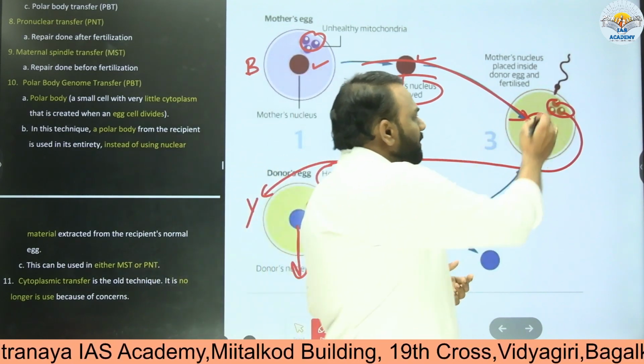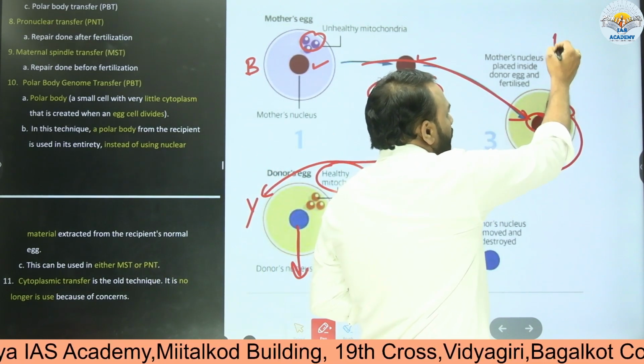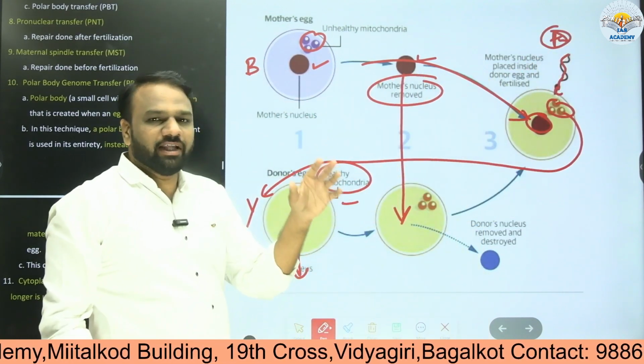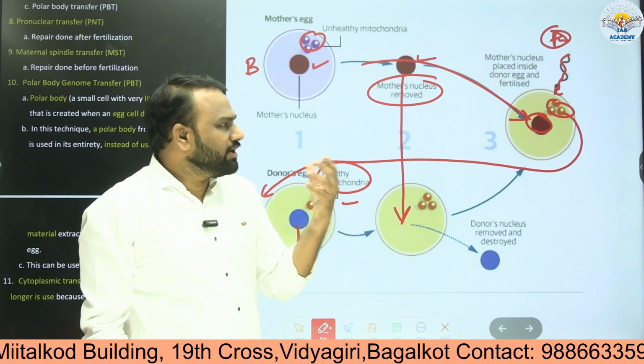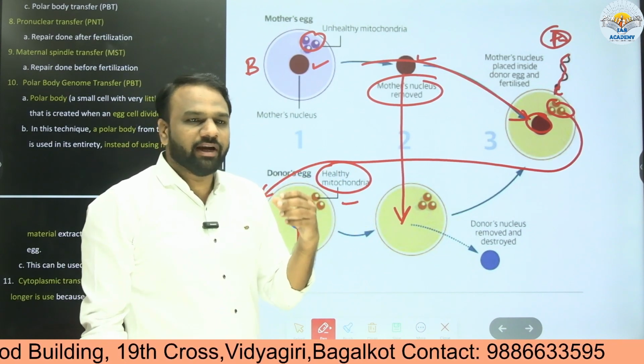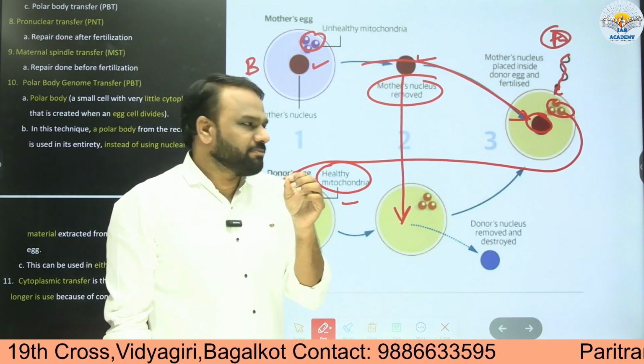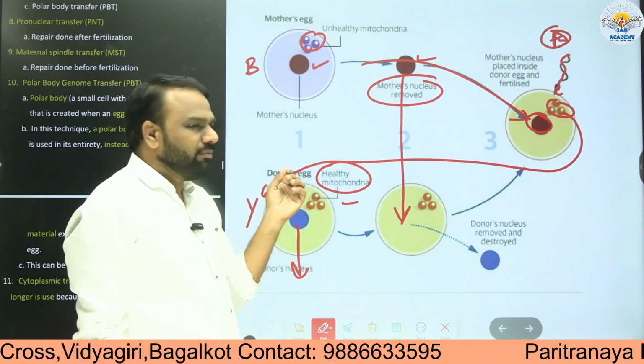Now this egg cell will be fertilized with the sperm of A, that is B's husband. So now the resulting child will have characteristics inherited from both A and B, and very minuscule characteristics as part of the mitochondria that have been inherited from Y.